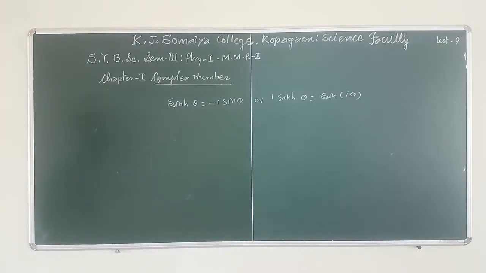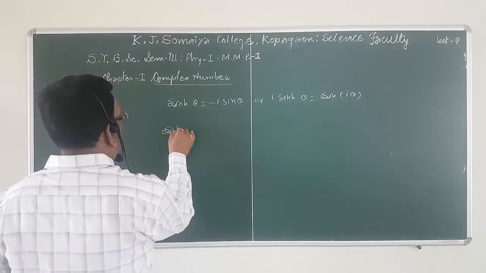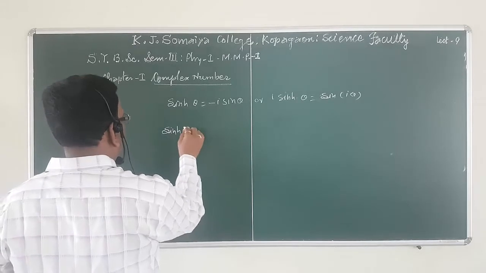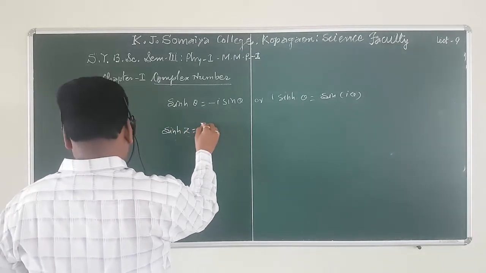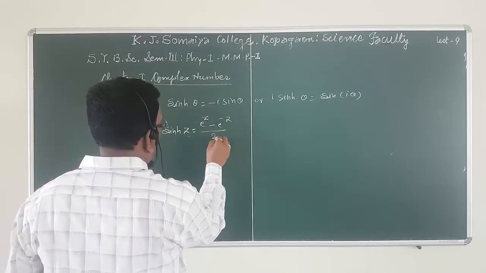In order to obtain this, we have again sinh z is equal to e raised to z minus e raised to minus z upon 2.